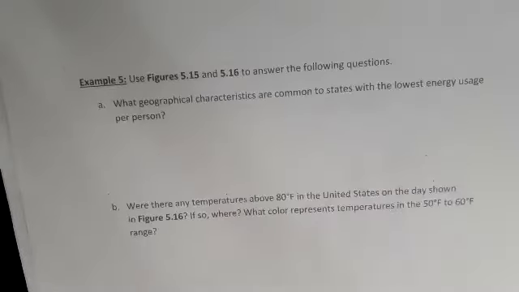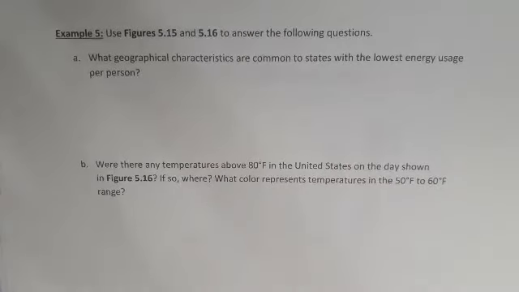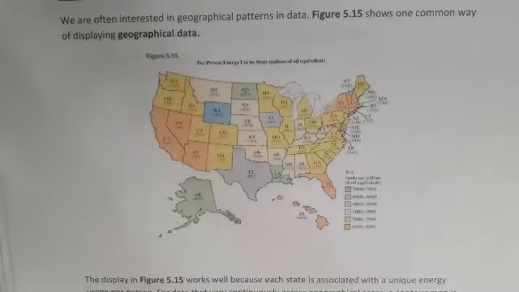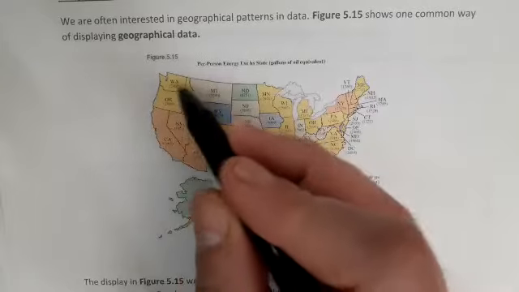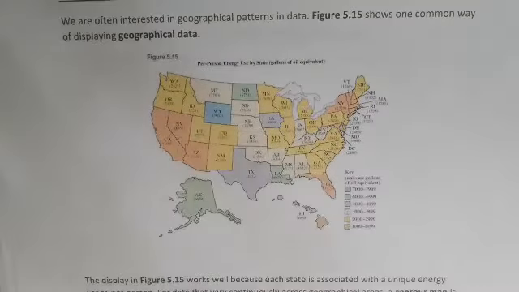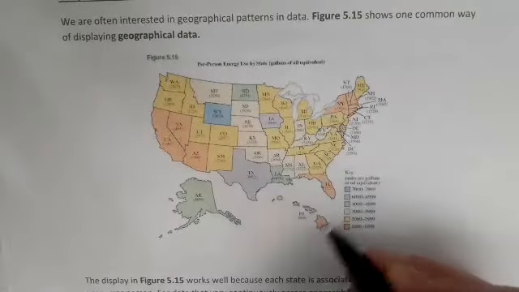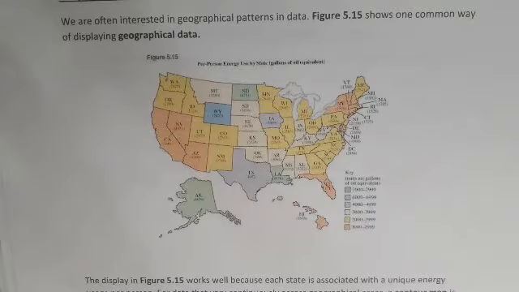Now the next few questions are going to be about looking back at these two graphs. What geographical characteristics are common to states with the lowest energy usage per person? If we look at low energy usage, it's going to be these orange states in here, and the yellows would be the second least.